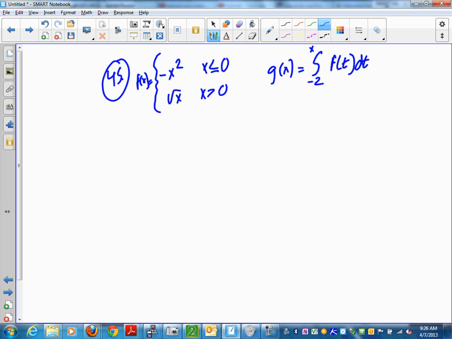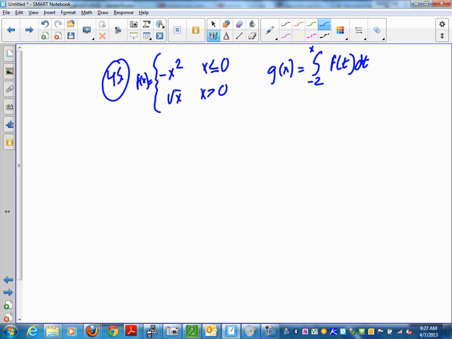All right, so they're saying the value of x not equal to negative 2. If g of x ever equals 0. So would g of x ever equal 0?